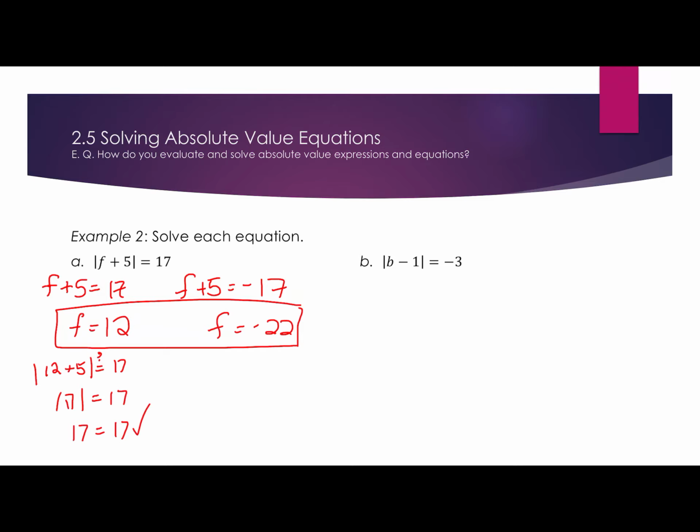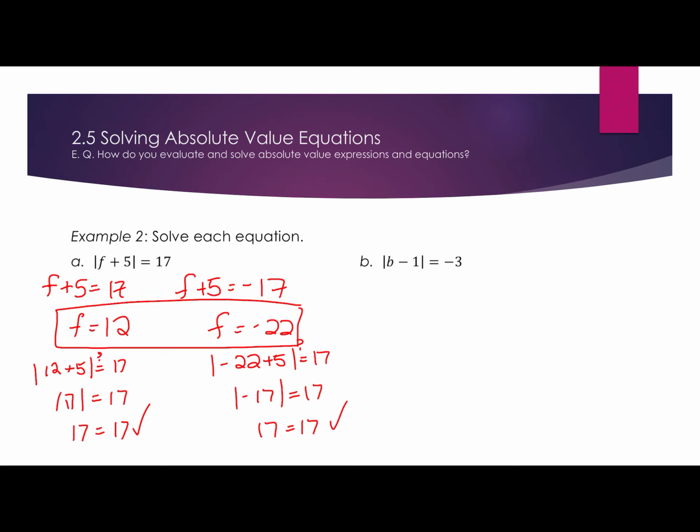And now let's check negative 22 because maybe one of these solutions does not work. So we get the absolute value of negative 22 plus 5 equals 17, again with a question mark. Negative 22 plus 5 is negative 17. But then we have to take the absolute value of negative 17, so we get 17 equals 17. So both answers do work.